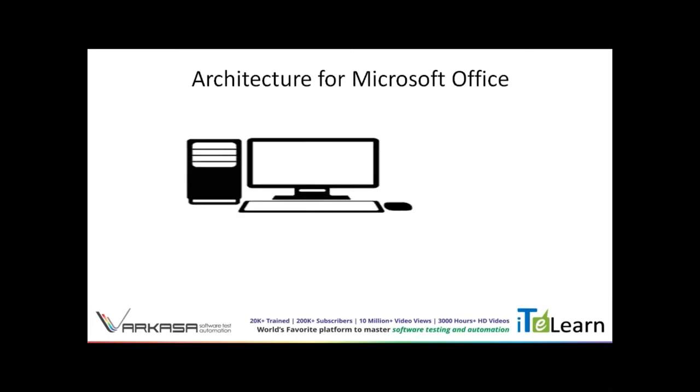Let's first try to understand the architecture of Microsoft Office. Why have I taken Microsoft Office? Because every system has Office, whether you want it or not, because you want to use Word, Excel, PPT and all that. What is the architecture of it? It is very, very simple. You buy Microsoft Office, which is software, and you install it on your client machine.